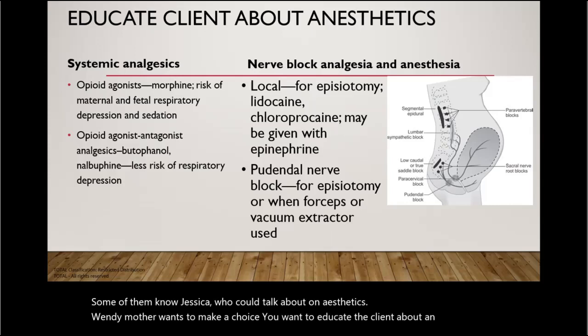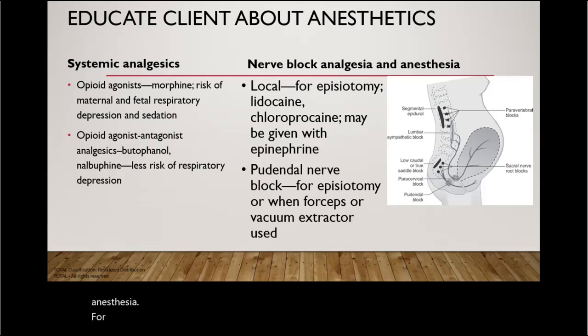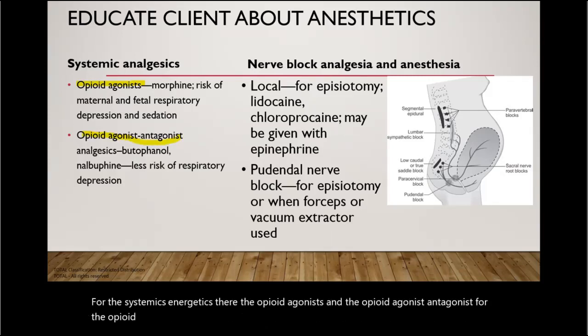We have the systemic analgesics. We also have the nerve block analgesia and anesthesia. The systemic analgesics are the opioid agonists and the opioid agonist-antagonists. For the opioid agonists, morphine is one of them.